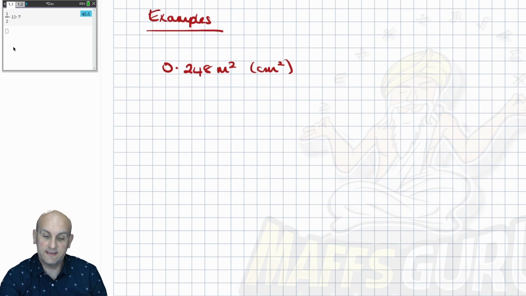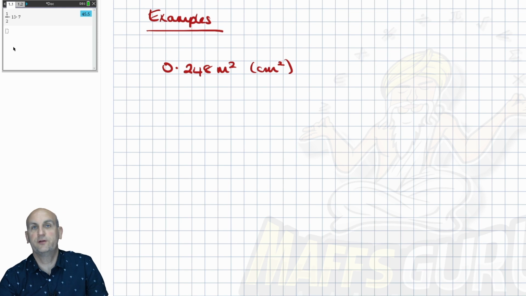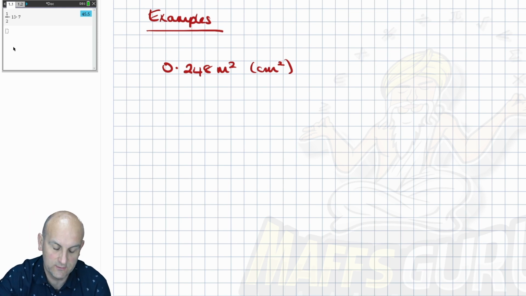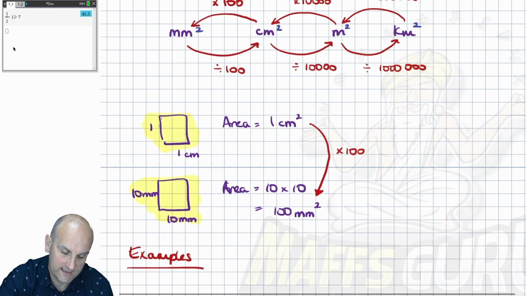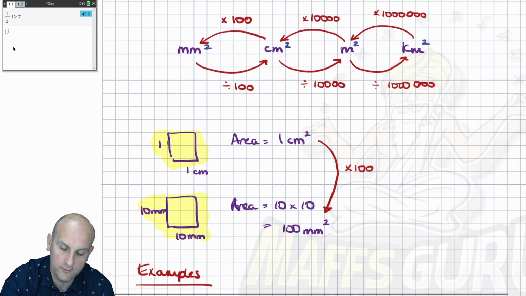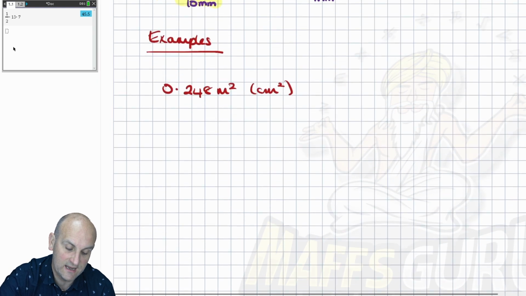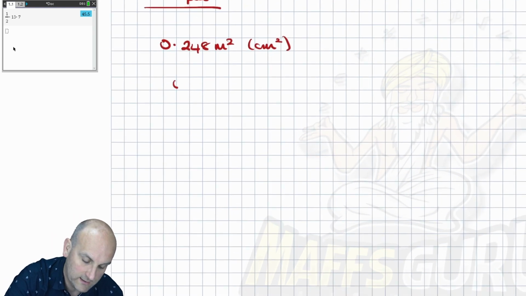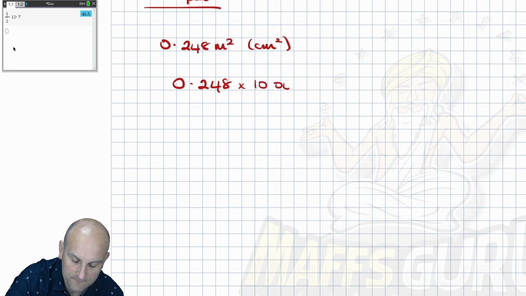So let's have a look at some examples. 0.248 meters squared, I want to convert it into centimeters squared. Meters squared into centimeters squared. Following the arrow, that's going to be times by 10,000. So we need to do 0.248 times 10,000.